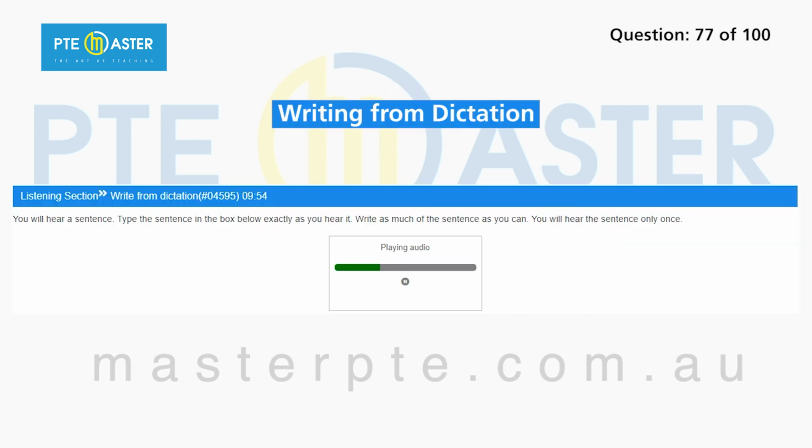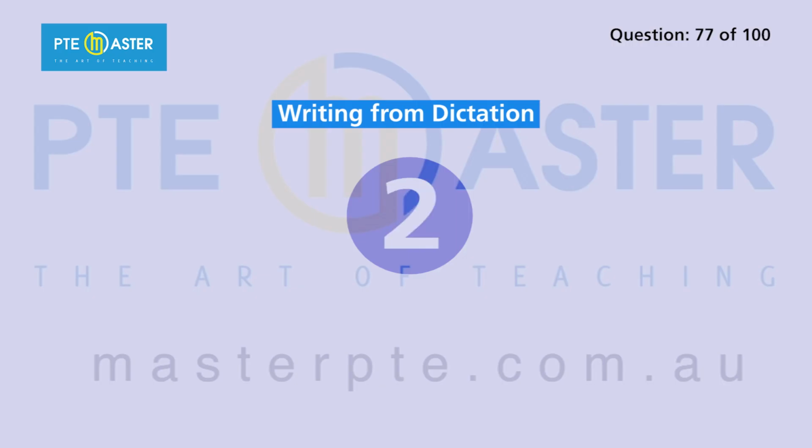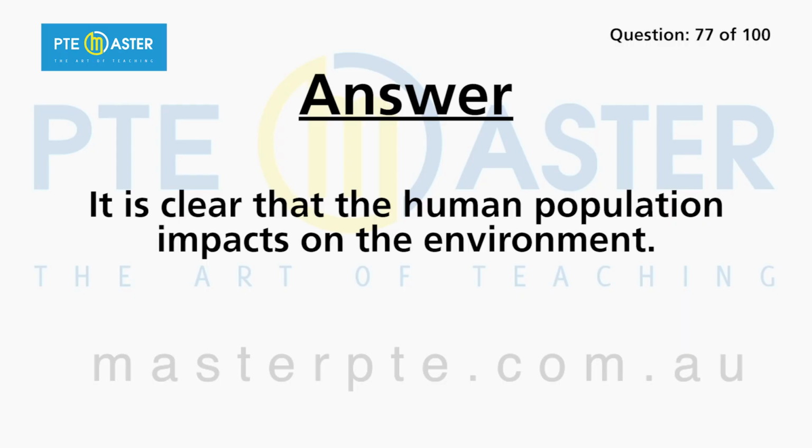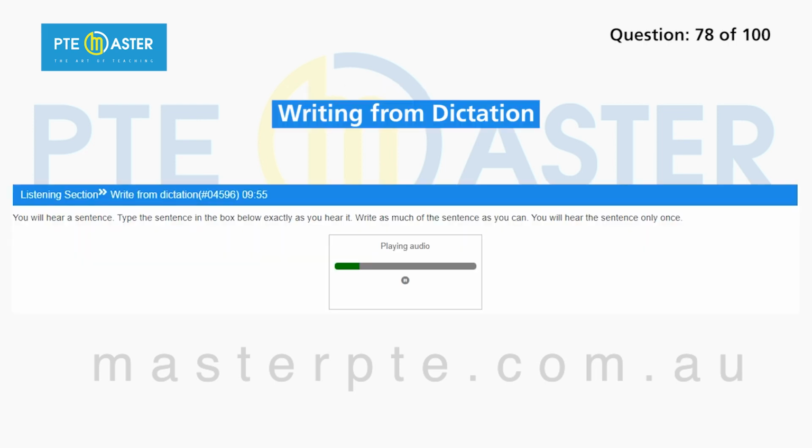It is clear that the human population impacts on the environment. All companies must have a regular financial independent auditor.